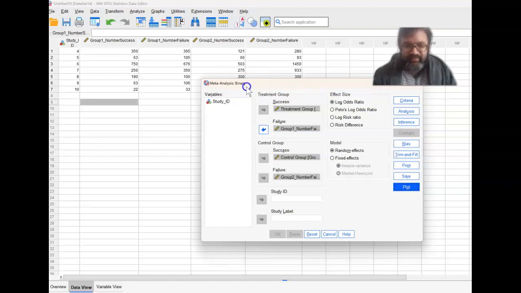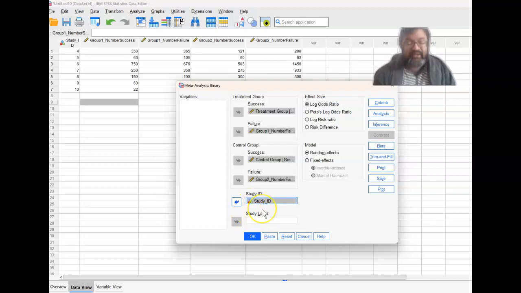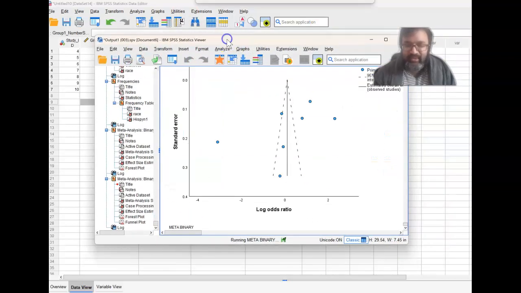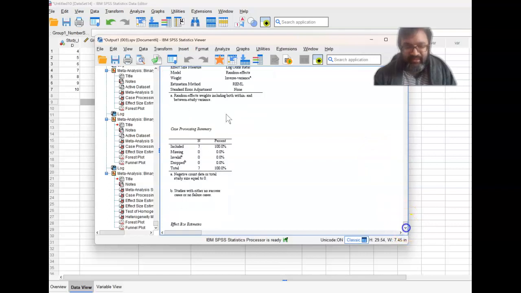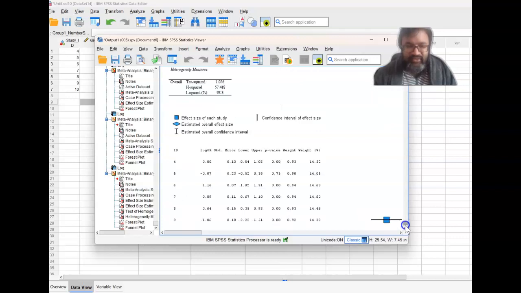and then make sure you have your study ID in here. And remember, the study ID is not the same thing as study. Select OK. And if you take a look at this funnel plot, this is called a funnel plot, and this is how this looks. And let me pull up the other output and try to interpret some of this.